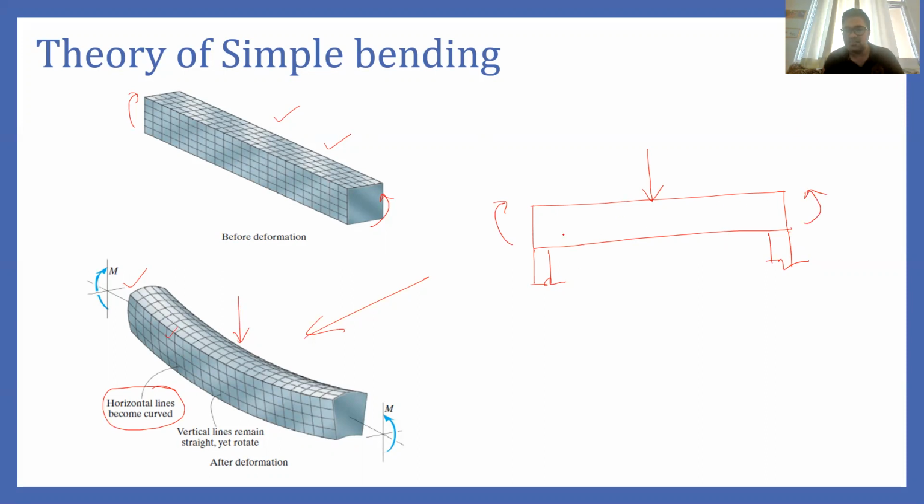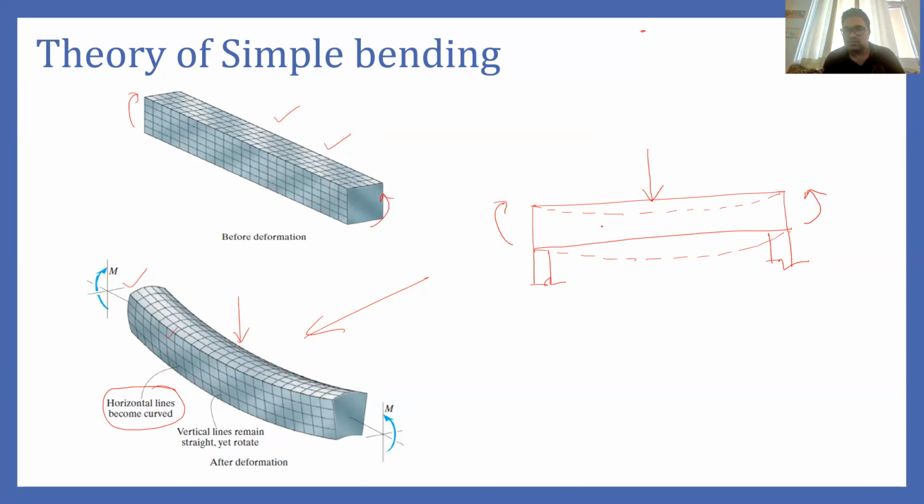At the ends, it will try to bend something like this. So as you can see, this beam is now bending, and it actually becomes the curve of an imaginary circle. So for example, there is an imaginary circle which has its center somewhere here.